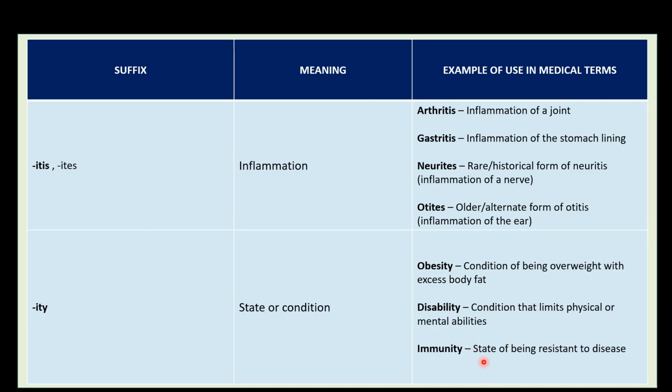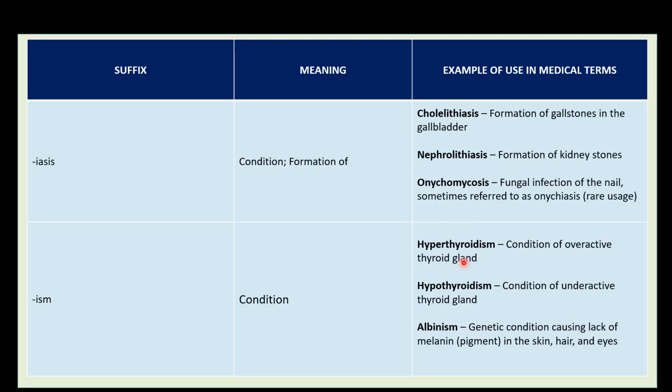And in the same way we have immunity, state of being resistant to disease. What is common between all these three examples? The common thing is that we are talking about some condition: condition of being overweight, condition that limits physical or mental ability, and condition of being resistant to diseases. Clear?